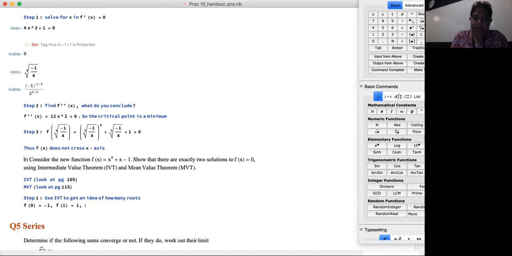One. What is f of -2? 13. That means by the intermediate value theorem, there exist at least 2 roots.